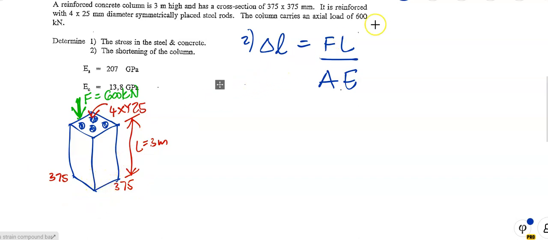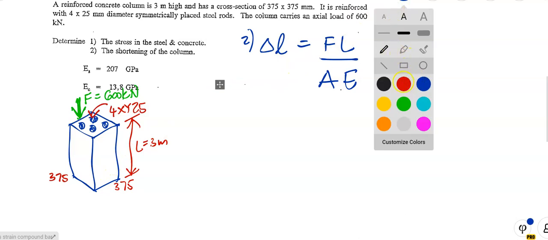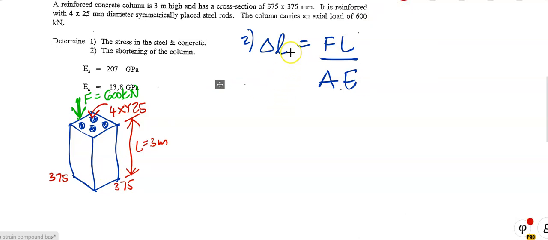So let's just see. There is the shortening in the concrete, and I want the area of concrete, and I want E for concrete. And of course, remember, the stresses in the concrete and the steel are not the same.